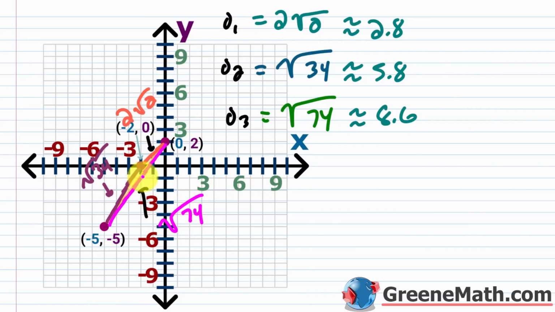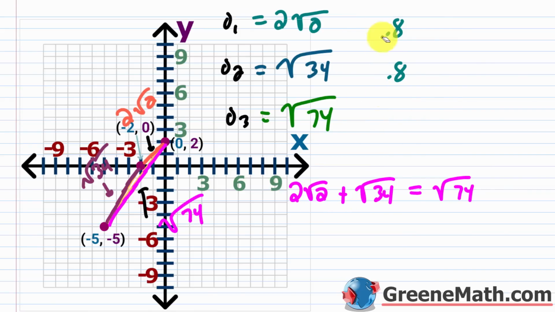Again, you can see this is a triangle, but it's got sides that are very close together. So let's go through here and say 2 times square root of 2 plus the square root of 34. Is that equal to the square root of 74? So I'm going to tell you that it's not, but again, if we use these approximations, it seems like it is. So let's just punch this into the calculator without approximating it first.